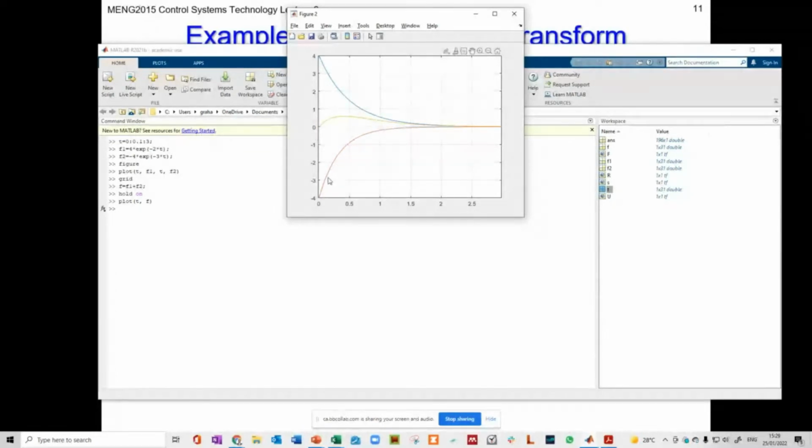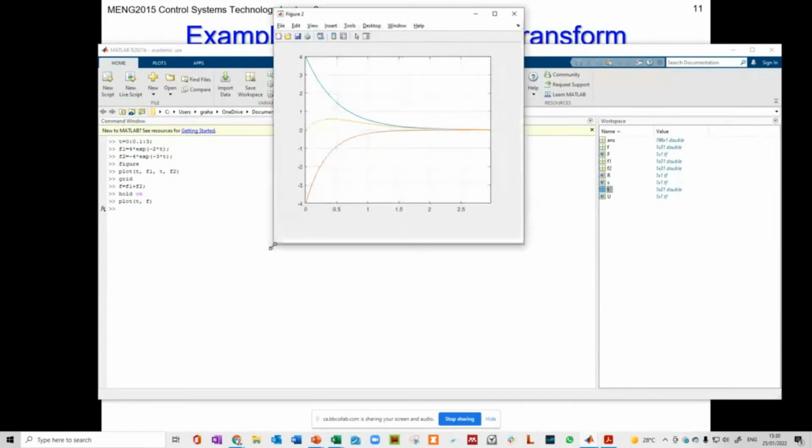Now what you're noticing is that there's a dominant part and a less dominant part in this. They both have the same constant of 4, one being positive, one being negative. So what we're seeing is that the positive part dominates because the overall response starts out by being positive, which means the value of the blue line, or the positive part F1, is greater than the value of the negative part F2, which is the red line here.